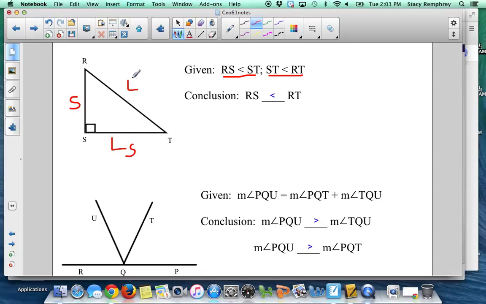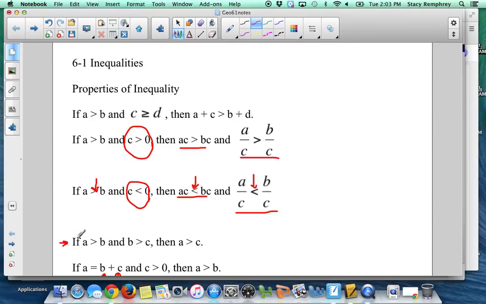You can see this is the biggest, then it goes to here, then it goes to here. So when you're comparing these two, RT is going to be greater than RS. And again, that's using this property of inequality right here.